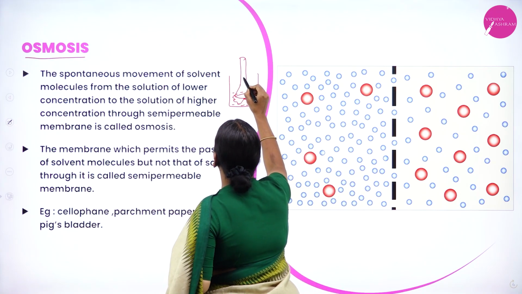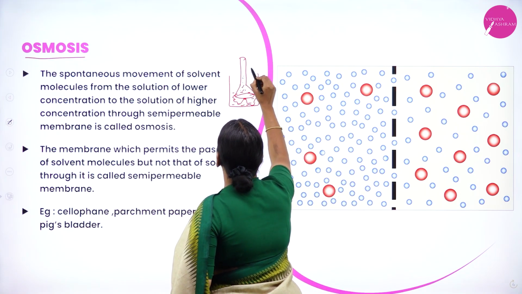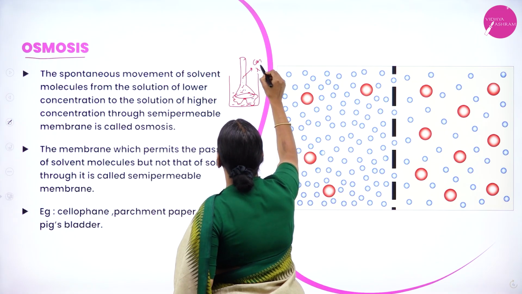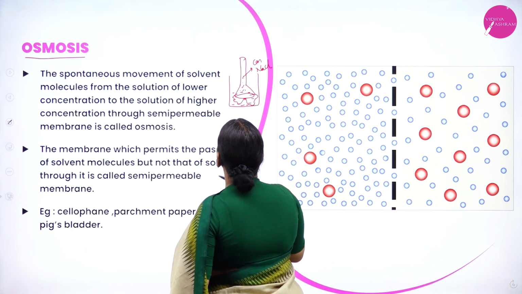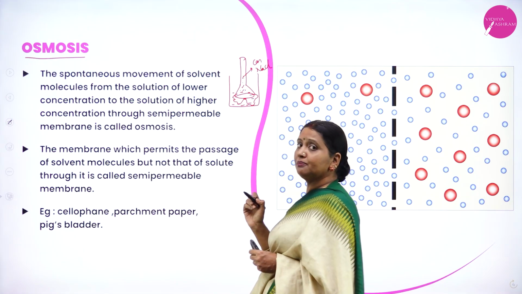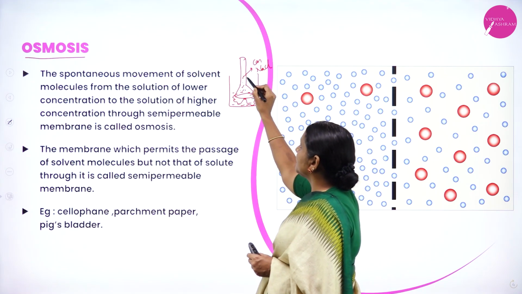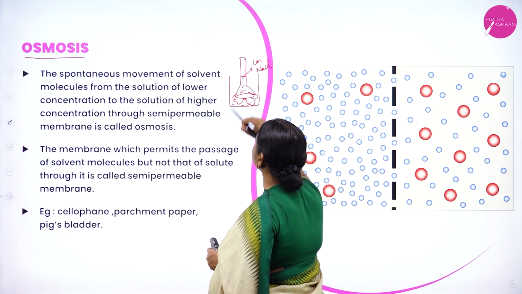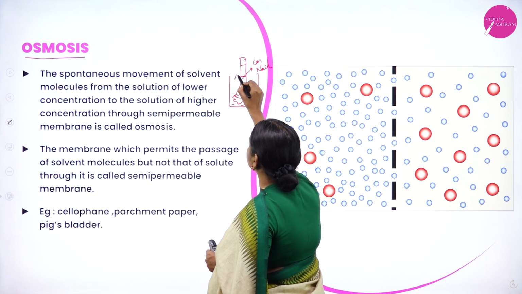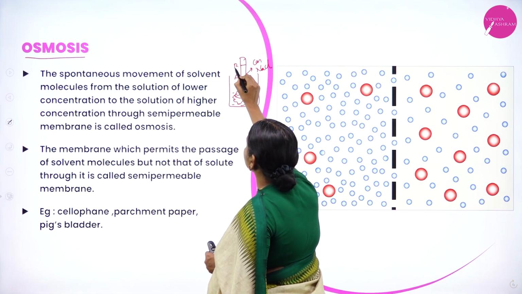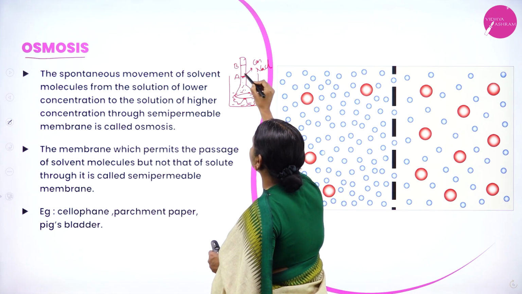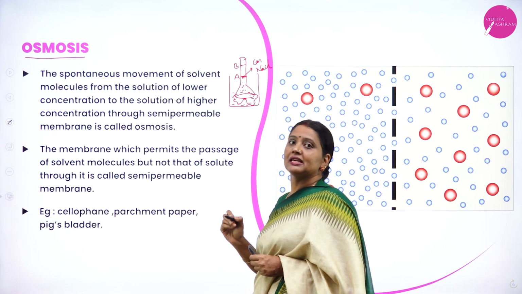Inside the thistle funnel, take a concentrated solution of sodium chloride, NaCl, and keep it for some time. After some time, when you observe, the level of the liquid in the thistle funnel rises. If this level is A, it rises to B.